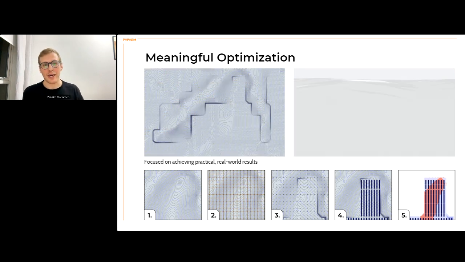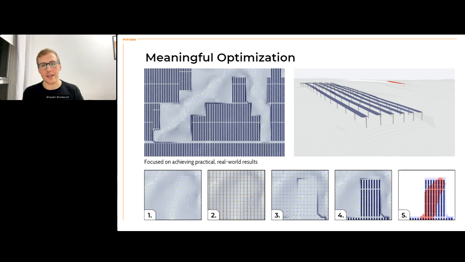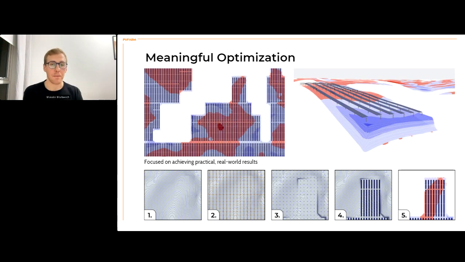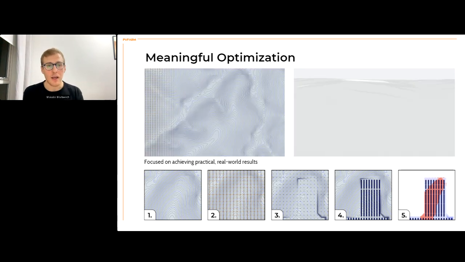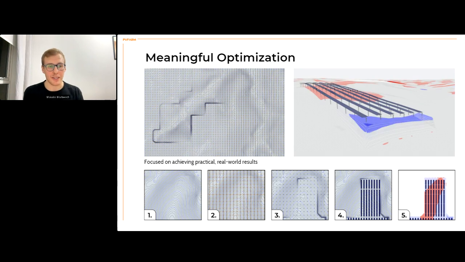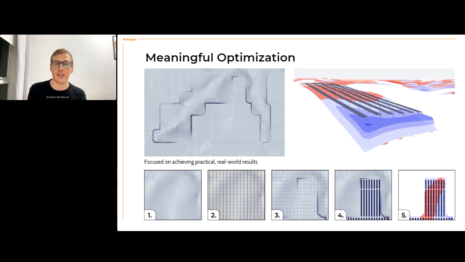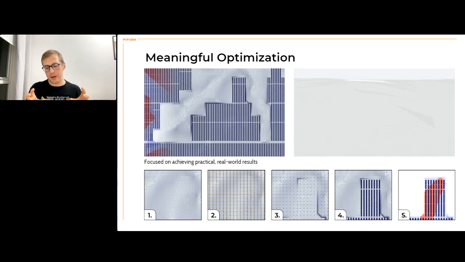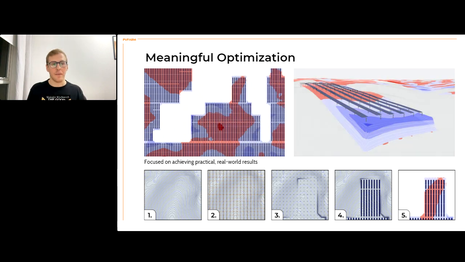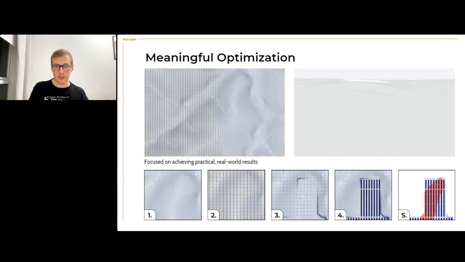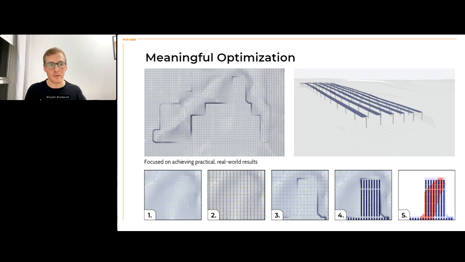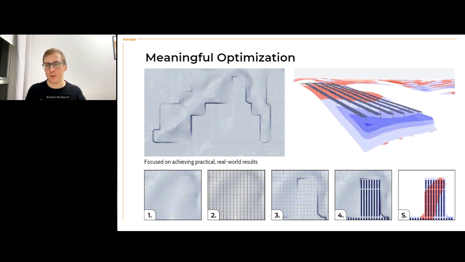So that's why we tried to build it in a way that makes sense, and that's what we validated 100 times. What it means is that when you bring in terrain data, it has a certain grid size. Let's say one by one, right? 1 by 1 feet or 1 by 1 meter.